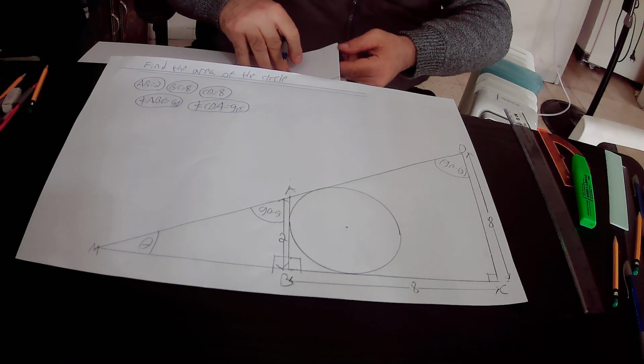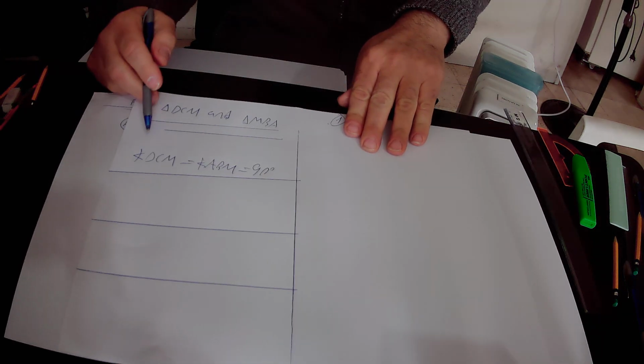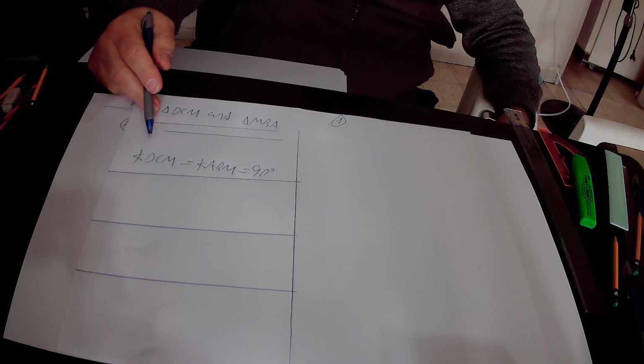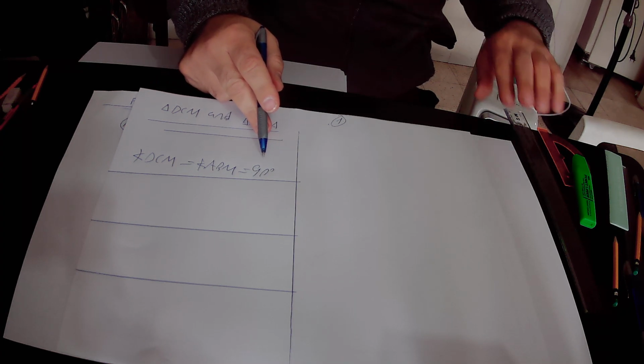Repeat again. Angle DCM in the right big triangle CDM equals the angle ABM in the right small triangle MBA. They are both equal to 90 degrees, therefore they are equal to each other.